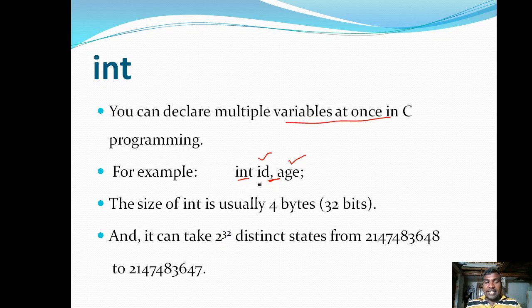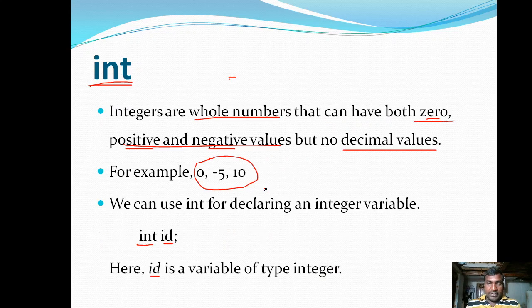In the previous case, int id means id is a variable of integer type, so the C compiler automatically allocates 4 bytes of memory for variable id to store integer values.